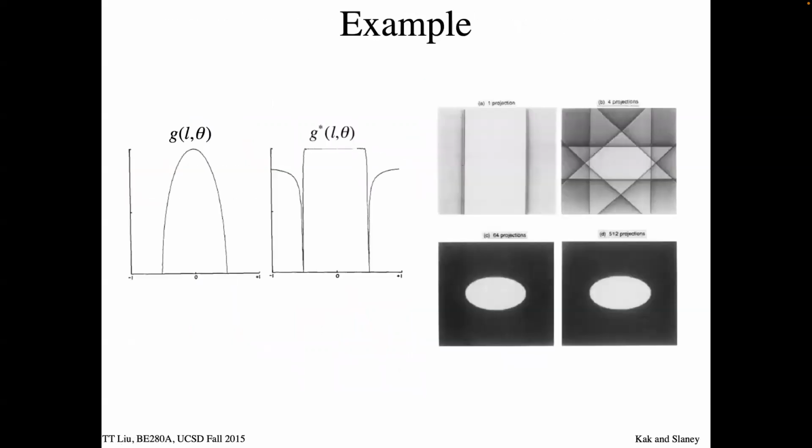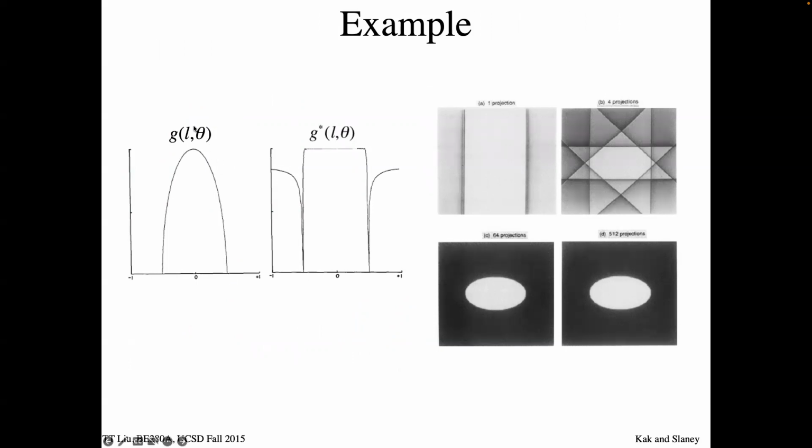So let's take a look at what this does. This is the fascinating part, really. Here's a projection of an ellipse at a specific angle. Theta here looks like a variable, but it's fixed for each of these. L is this direction on my detector. These are the values I get for the projection through the ellipse.